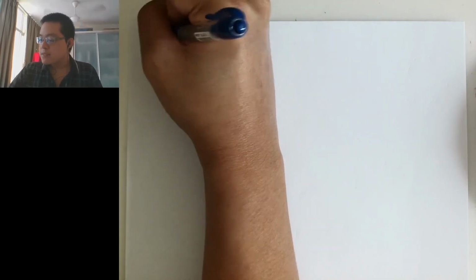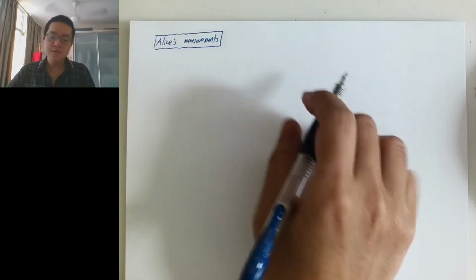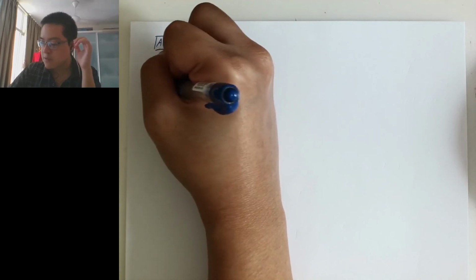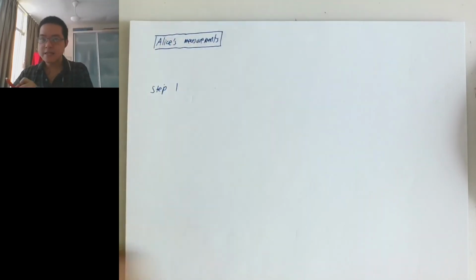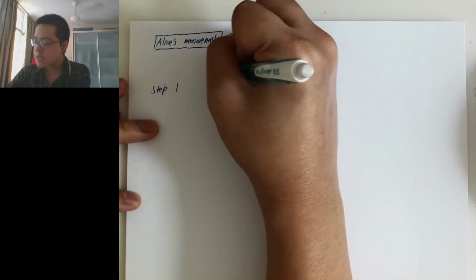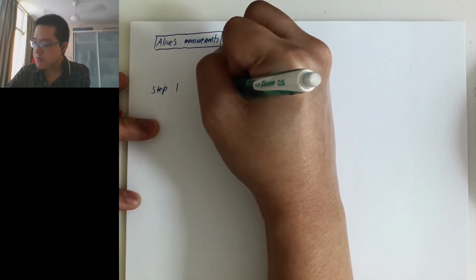Okay, so Alice is observing a laser on a moving train. So this is a bit tricky. Let me draw this situation step by step. Step 1 is the initial time, my starting point where the laser is starting. Okay, so my rod is here.